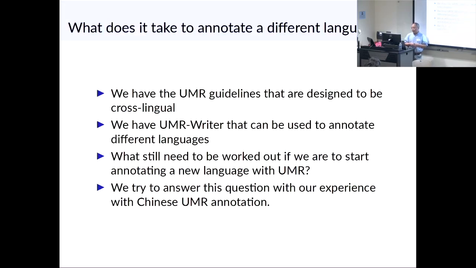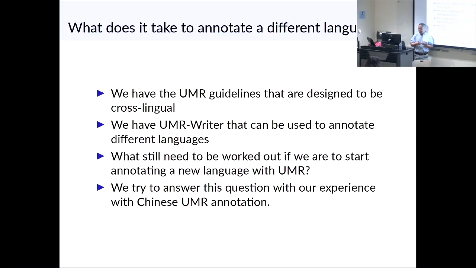So what does it take to annotate a different language? What kind of issues might they still have? So we claim that the UMR annotation scheme should apply to all languages, right? But are there still going to be issues when you approach a specific language? So that's one of the things.